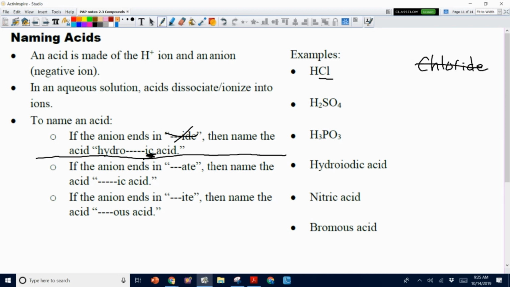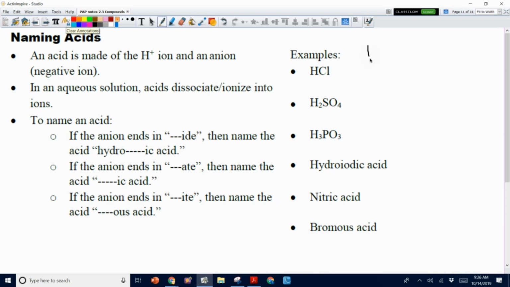So now it's going to become chloric. And the way I remember that is acids are icky. Icky. Acids are icky. Now, if it's a binary acid, then we add hydro to this. So this is going to be hydrochloric acid. So that's the name of that first one there, hydrochloric acid.